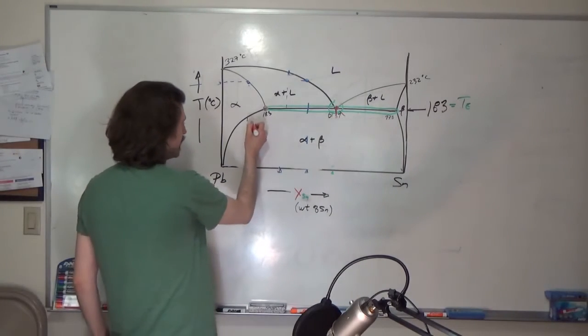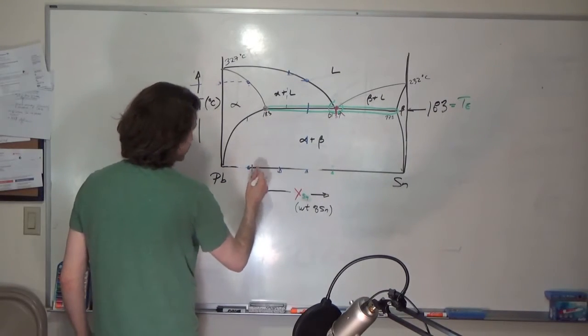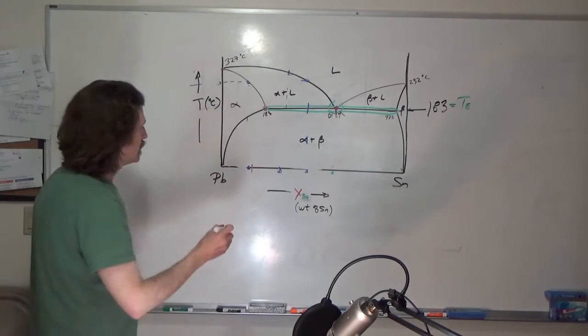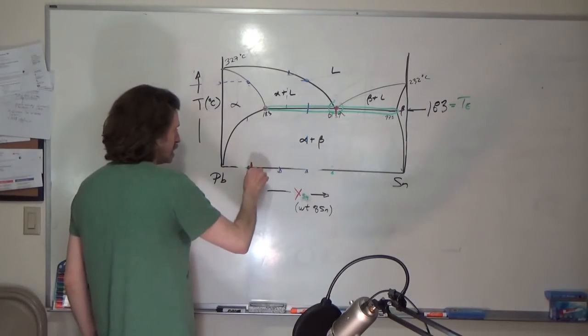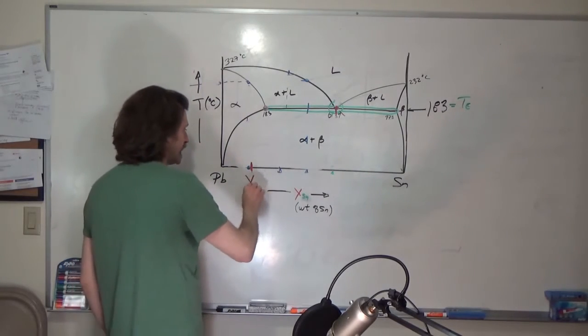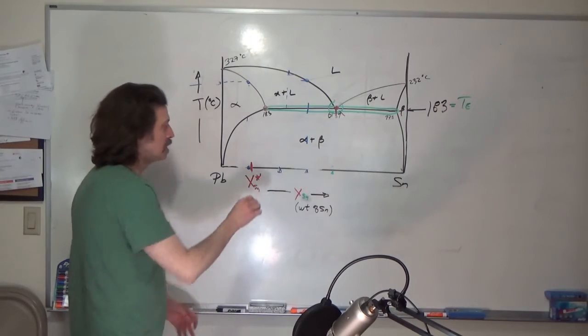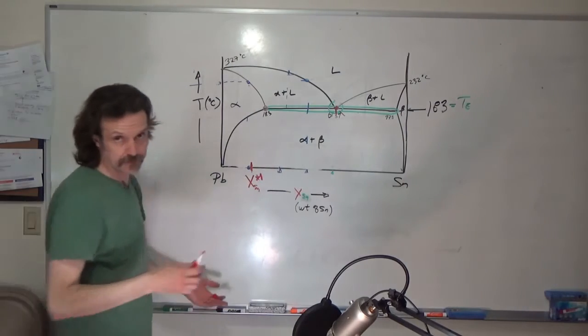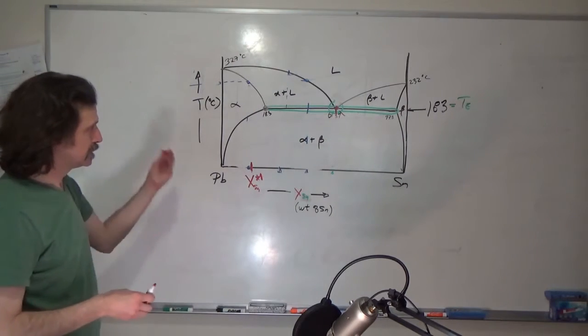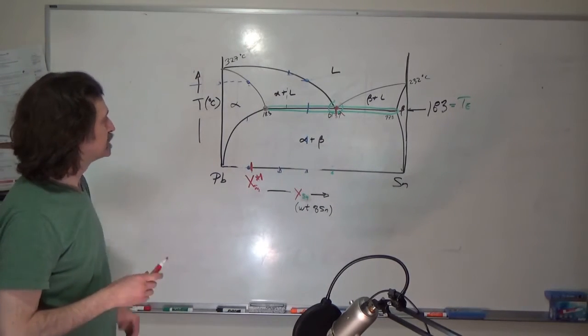So let's go over and pick something down here that's, whatever, 16 weight percent tin, right? Again, I'm indifferent about the numbers, so I'm just going to call this XSN star 1, because it's a convenient point.